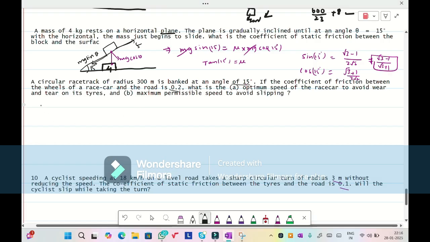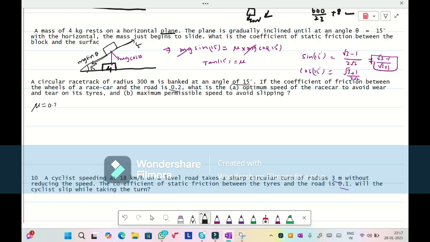Coefficient of friction is given, the radius is 300 meter, and the banking angle is 15 degrees. So now, what is the optimum speed of the race car to avoid wear and tear on its tires between tires and road.